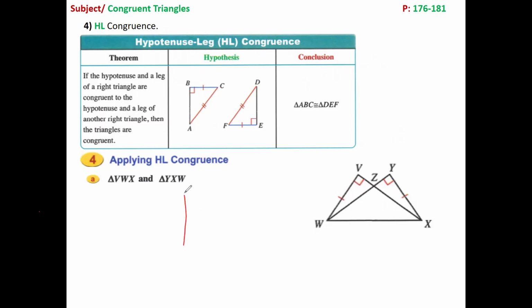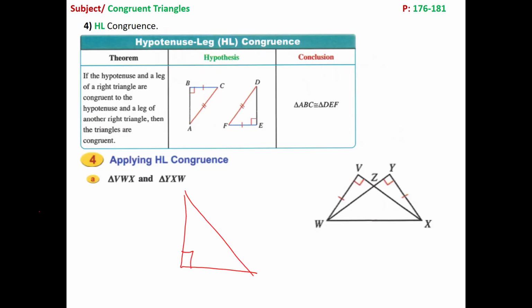Guys, before I explain this topic, we need to know the parts of the triangle. You must remember this one. We can use HL congruency when you have a right angle. If you don't have a right angle, you cannot say the two triangles are congruent by HL. So do I have a right angle? Yes.